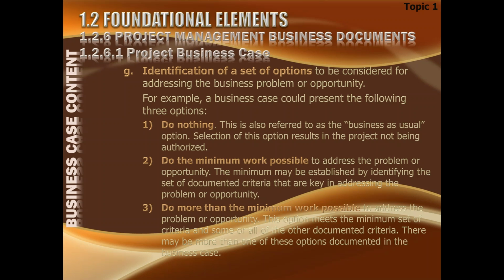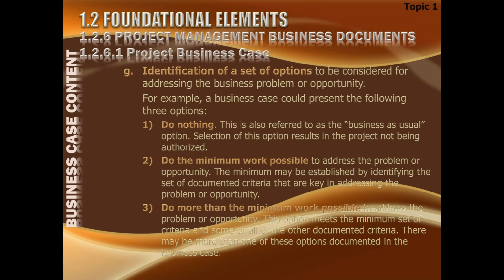This includes certain actions. If you have got a scenario, you may decide to do nothing about it because it is not feasible. You may do the minimum work possible to address the problem or opportunity. Minimum may be established by identifying the set of documented criteria that are key in addressing the problem or opportunity. Or do more than the minimum work possible to address the problem or opportunity.